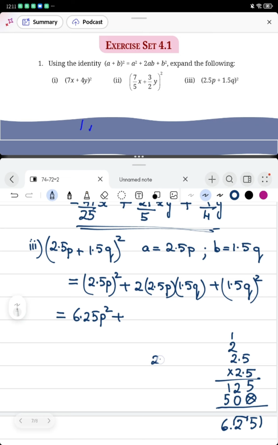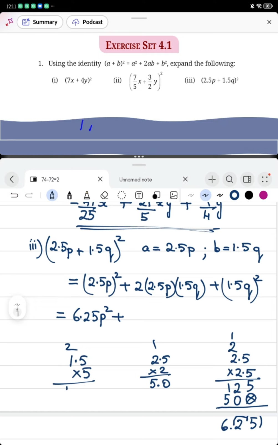So 2.5 into 2 will be 2 5s are 10, 2 2s are 4, and then add 1, 5. Then 1 decimal place, so it becomes 5. So this 5 multiplied with 1.5. So we do here 1.5 multiplied by 5, which will be 5 5s are 25, 5 1s are 5.